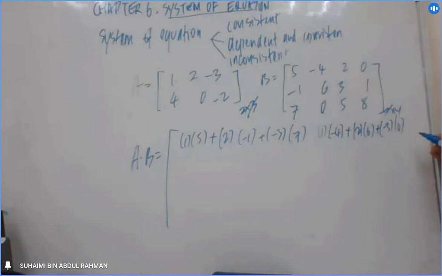So for the other row it is also the same, 1 multiplied by 2.